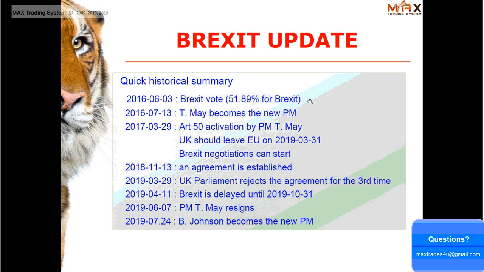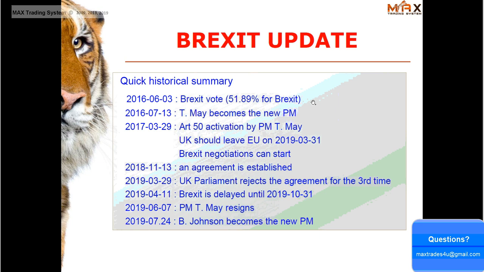For example, Ireland and Scotland voted against the Brexit. They voted to stay in the European Union. But for the entire UK, the majority voted to leave the European Union.